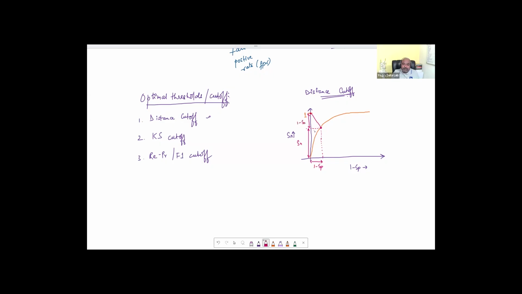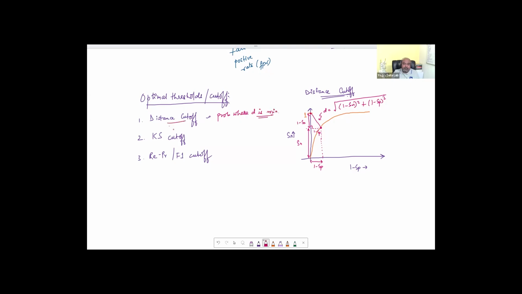Since this is 1 minus Sp, this will also be 1 minus Sp. This is a right angle triangle, so this becomes the hypotenuse. As per the Pythagorean theorem, this distance d will be equal to the square root of (1 minus Sn) whole squared plus (1 minus Sp) whole squared. The probability where this distance is minimum is known as the distance cutoff, because I want the minimum distance over here.